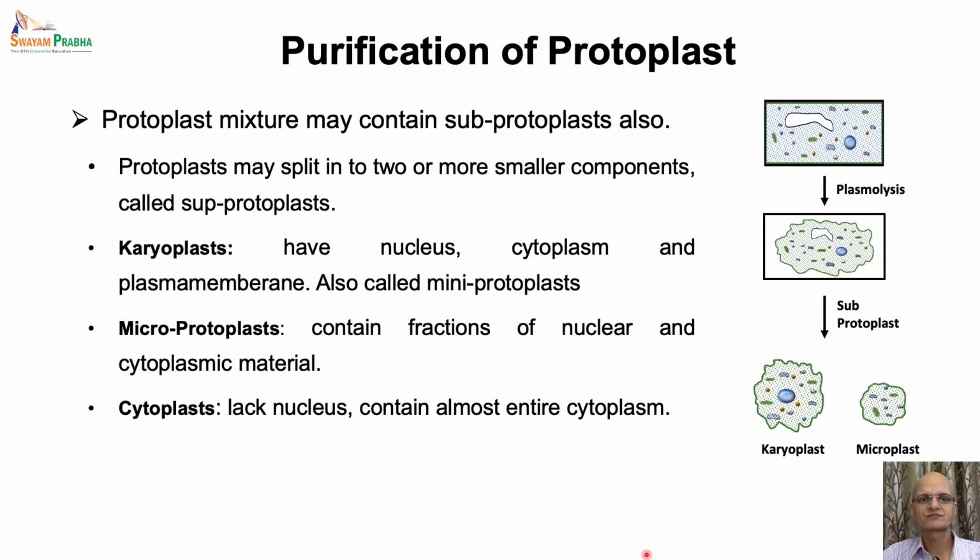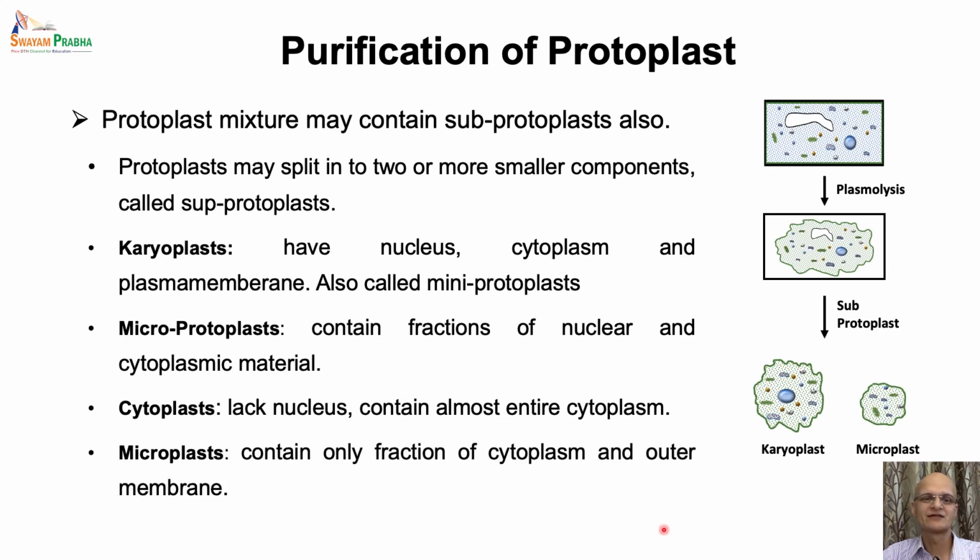Similarly, the cytoplasts are the subunit structures that have almost the entire cytoplasm of the cell but lack the nucleus. And if only a fraction of the cytoplasm and outer membrane are there without the nucleus, it is called a microplast. For culturing purposes, only the complete protoplast should be used.